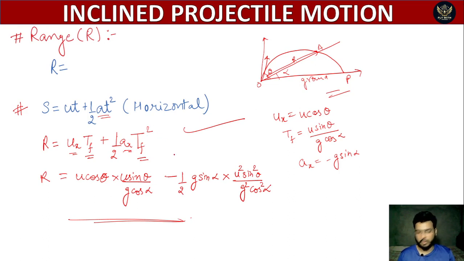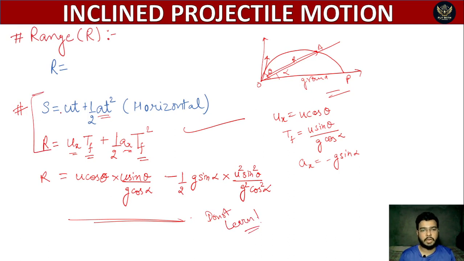Now see what is happening here. You have R equal to u cos theta, u sin theta, g cos. Just put all the values here, and you will get the formula for range. This is very complex, you need not learn it. Do not learn it first of all, just remember the derivation part.